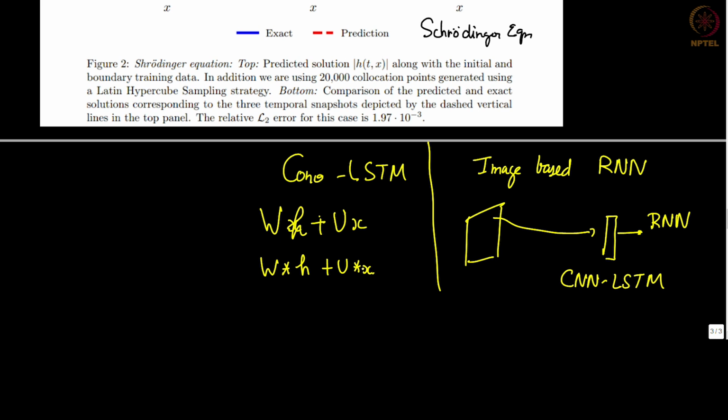Once again, the basic idea is the same. You have a sequence of images. One of the first applications within our field for conv-LSTM was in weather prediction, this is 2015.